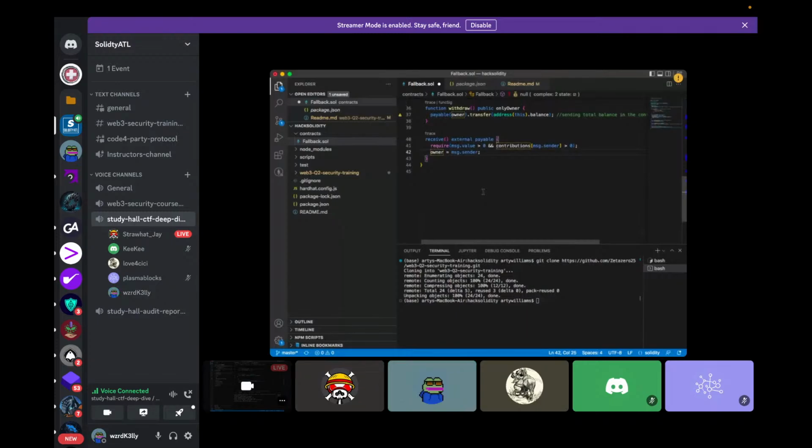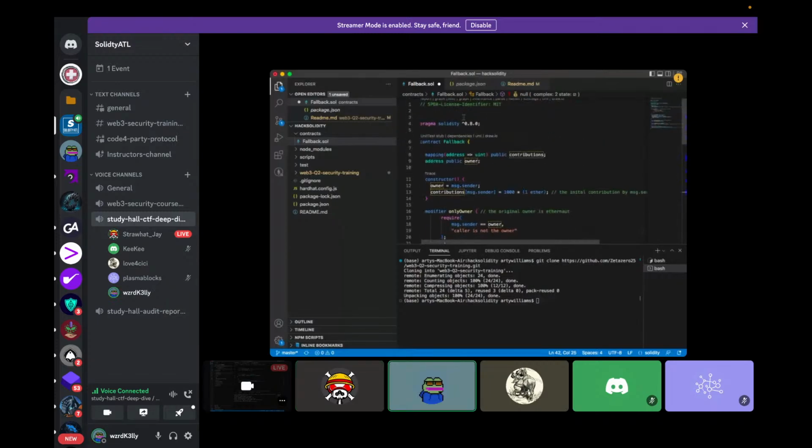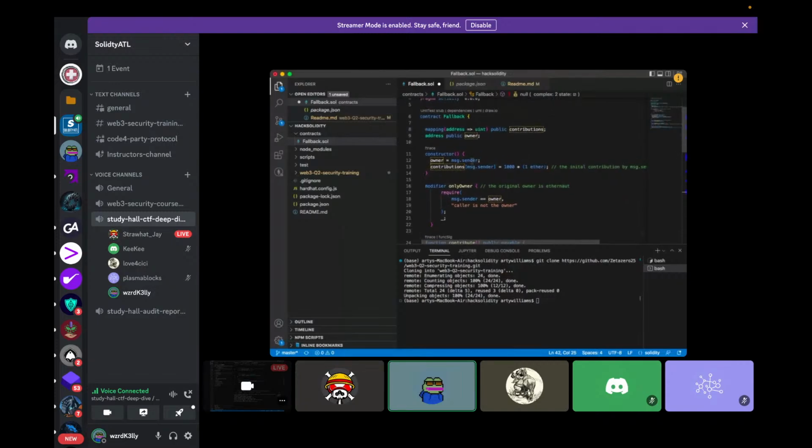If we look up at the top, scroll up. Here, owner is equal to message.sender. Message.sender, remember, is the address of whoever sends that transaction. So in this case, it's Ethernaut, because they're the constructor, the one who created the contract.